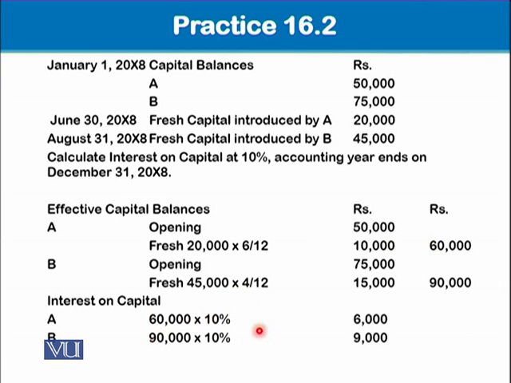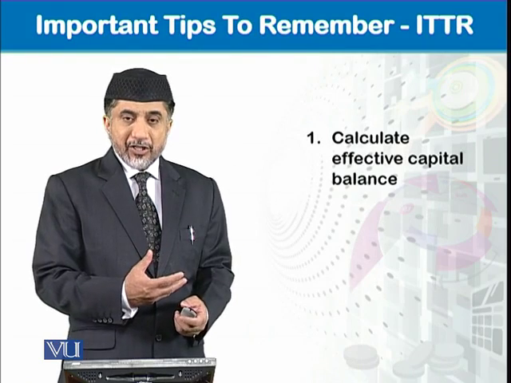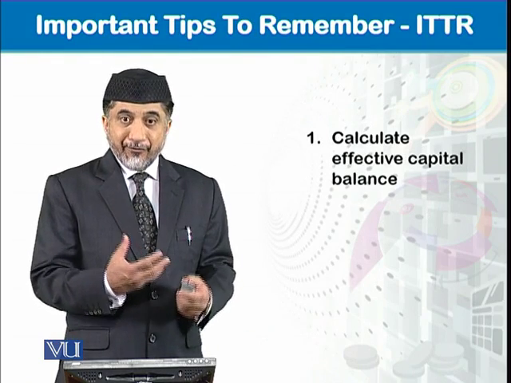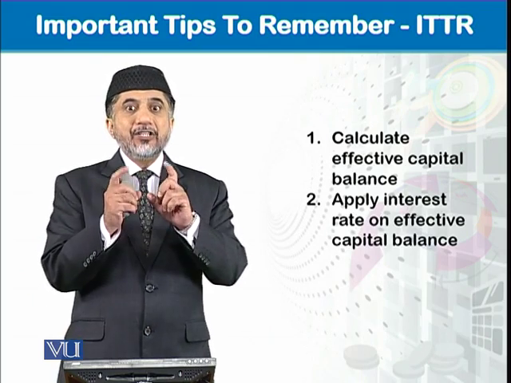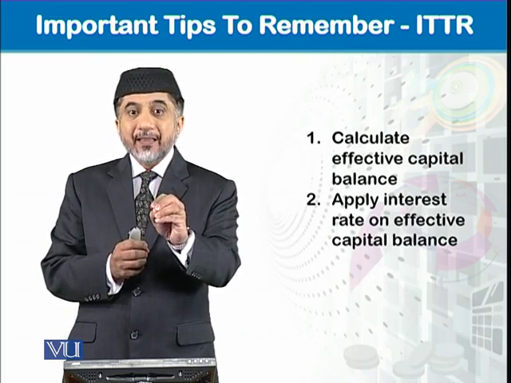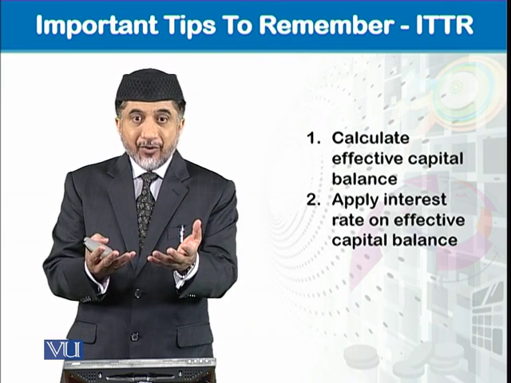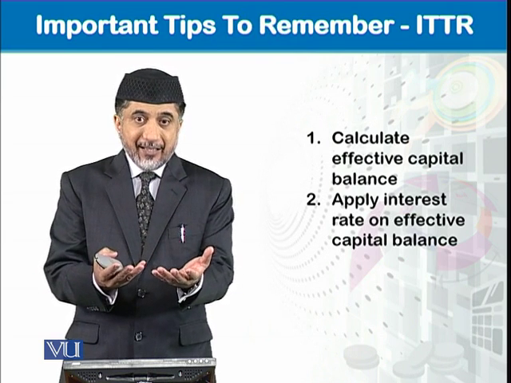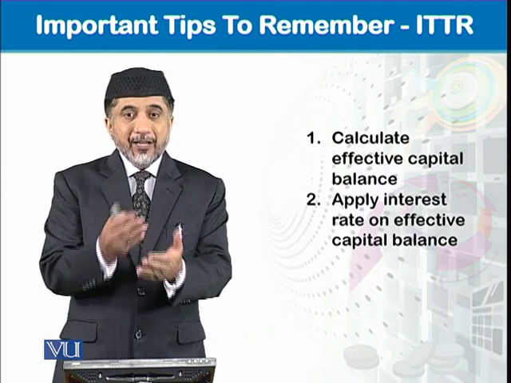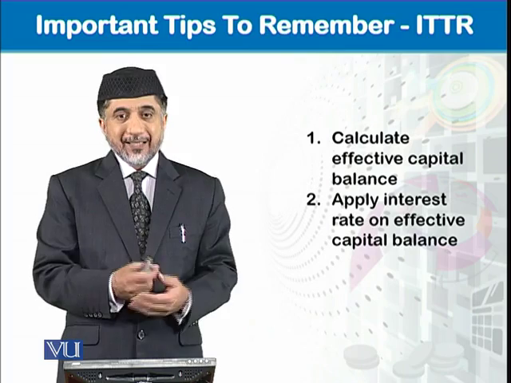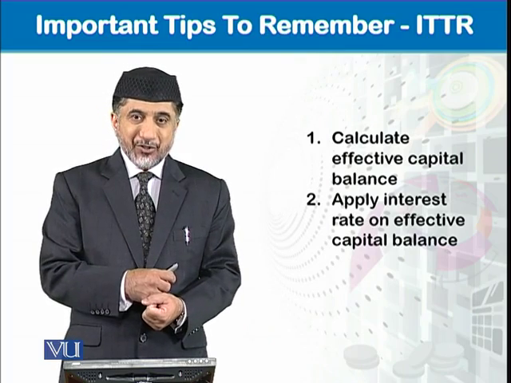And that's it. This was very easy. This was a simple calculation of effective balances for capital, and we apply the interest rate on the agreed rate, which is already agreed in the partnership deed, and that is applied on the effective capital balances. So these are the 2 tips in this module. Thank you.